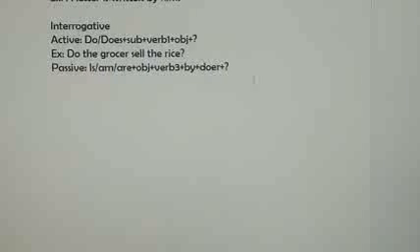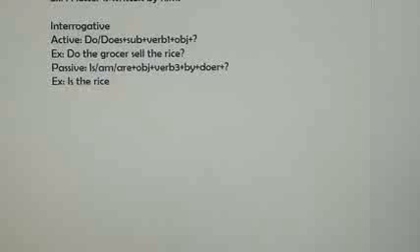Now, my dear students, let's see the example of how I will convert the active voice example into passive voice. The example was, do the grocer sell the rice? When I convert it into passive voice, the rice will be the object over here, and it is singular, so I will write is the rice.